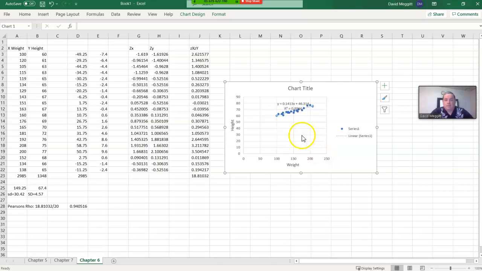So that is how you get the r squared and the intercept from this line. This line right here is the regression line. And so each one of these dots is at some distance from this line.